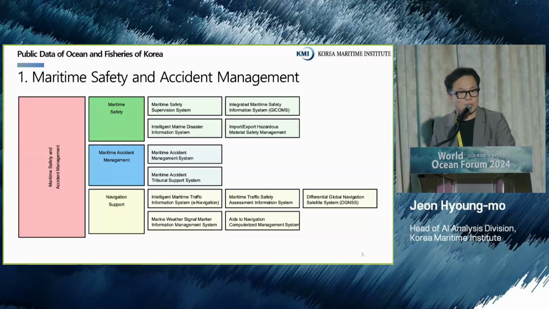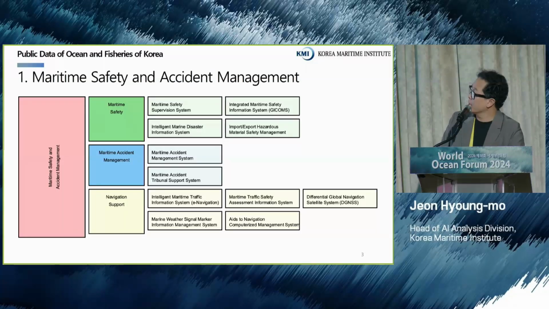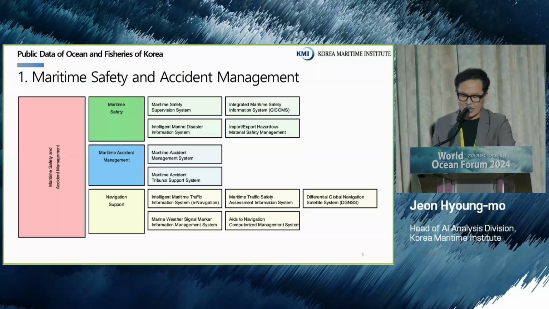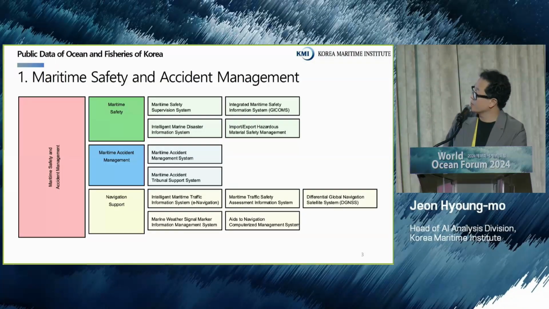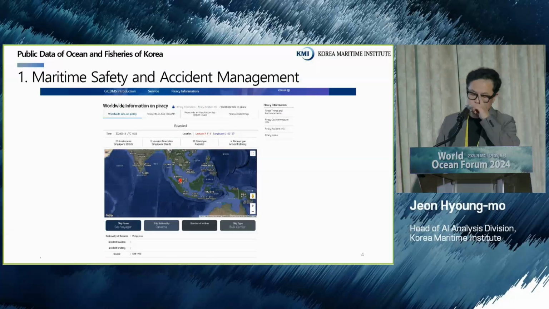The Maritime Accident Tribunal Support System is for internal use only. And for the navigation support part, we have e-navigation, the intelligent maritime traffic information system. These are part of the data that the MOF gathers.